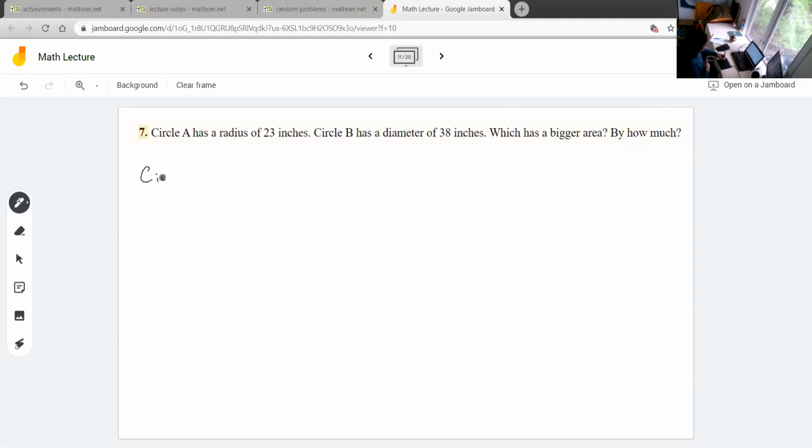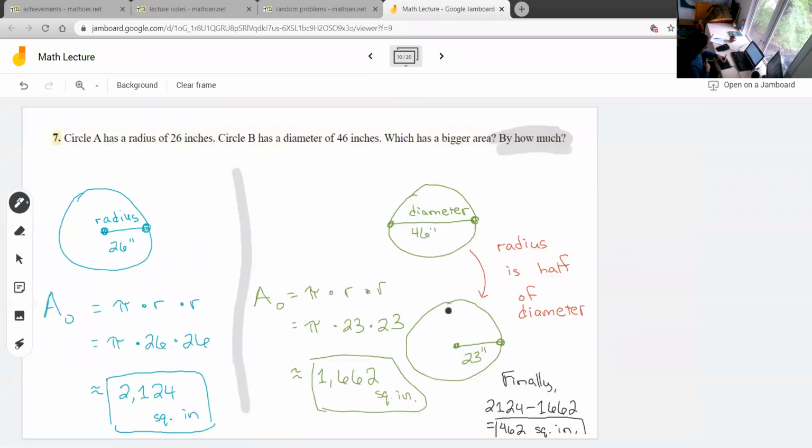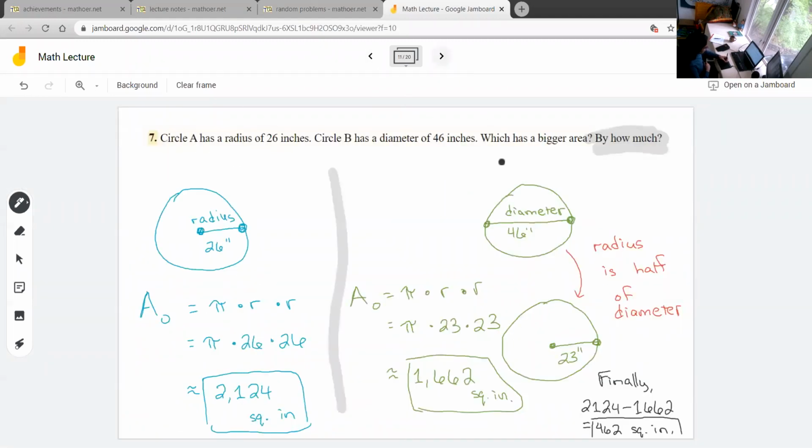I'm going to try it without the pictures. Tell me if this makes it harder or just nicer. So area of a circle is pi times r times r. This one we just did. I can steal my number. Is it 1662?